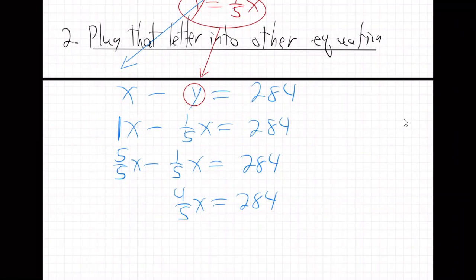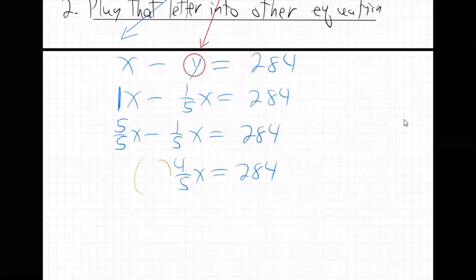Are we good to there? Then how do we finish solving for x? Remember what I do to get rid of the whole 4/5 in one fell swoop? Do the reciprocal, the reciprocal yet again, on both sides. That cancels out the 5s and the 4s, and gives us x alone.